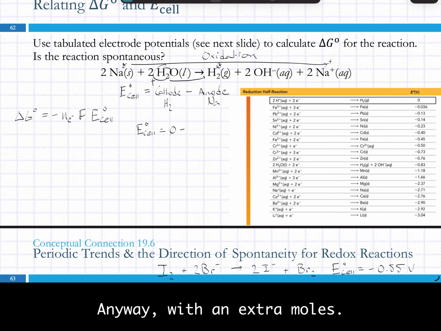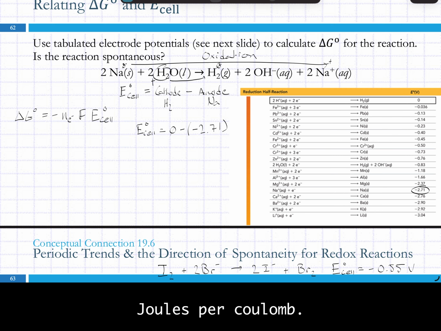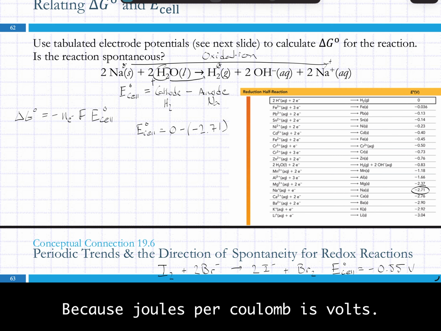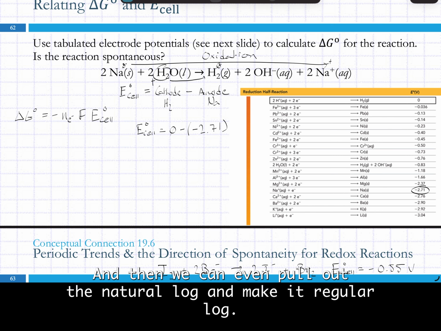I'm ending up with an extra moles. Write this as joules per coulomb, because joules per coulomb is volts. And then we can even pull out the natural log and make it regular log.